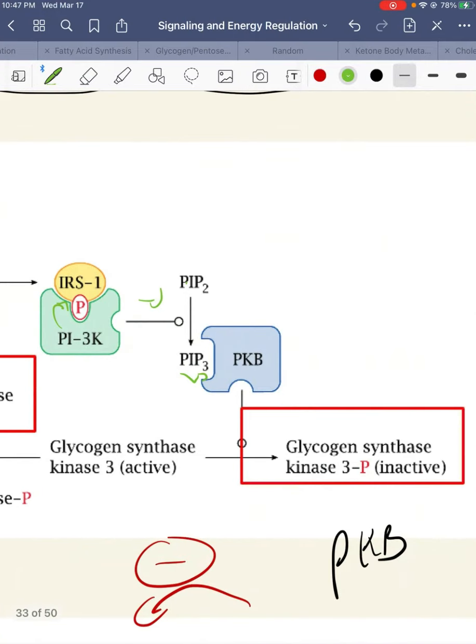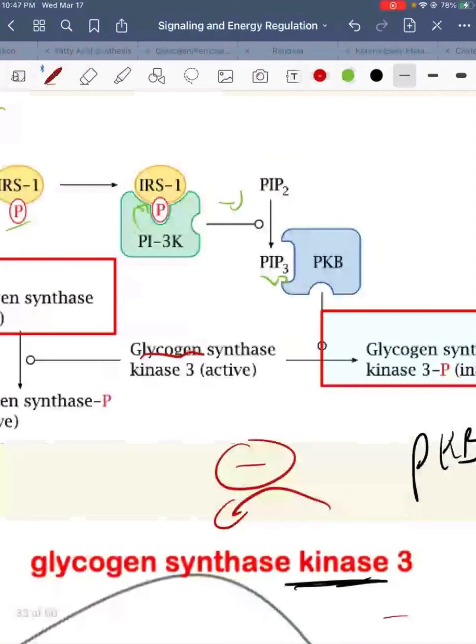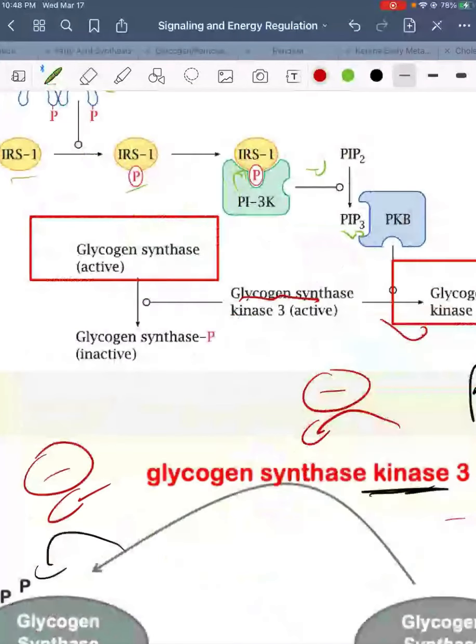Then PKB puts glycogen synthase kinase in the inactive state. This keeps glycogen synthase in the active state. Okay.